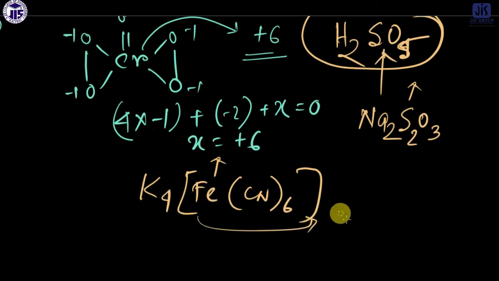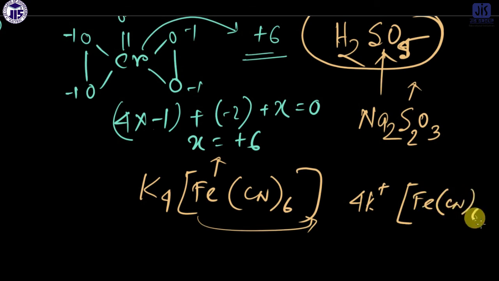At first dissociate the compound into 4K plus and the remaining part, Fe(CN)6 4 minus. Now I think you are able to solve it, because CN is -1. So you are able to find the oxidation number of iron in this case.